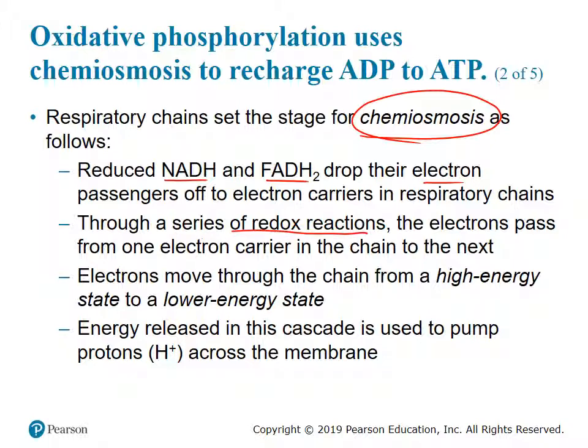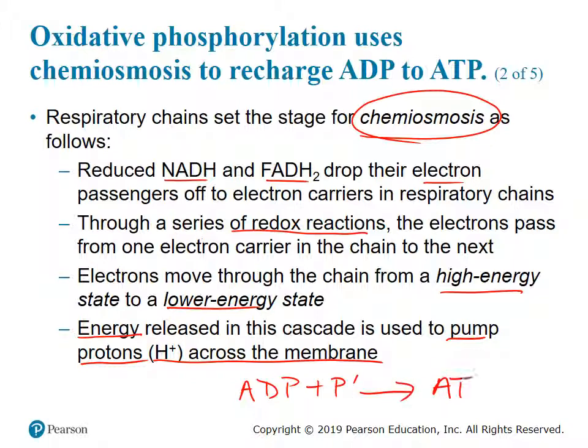We go from a high energy state to a lower energy state. The energy released is used to pump protons across the membrane and then recharge ADP into ATP, which is our end goal. And 34 ATP is what you see from the electron transport chain.